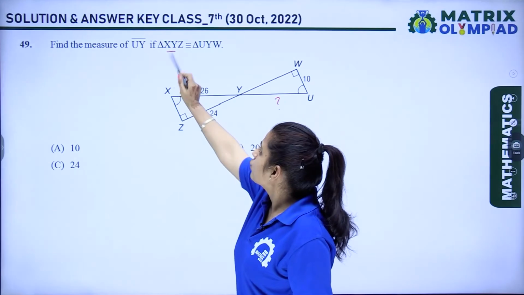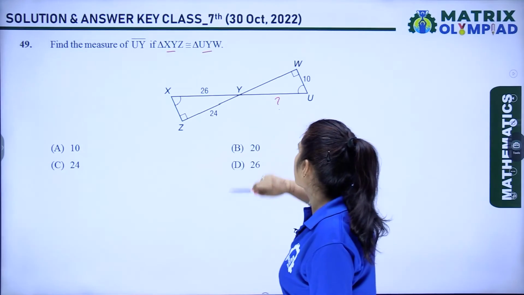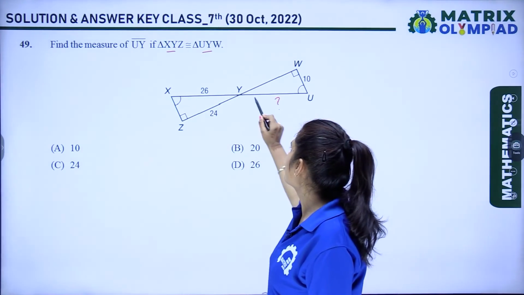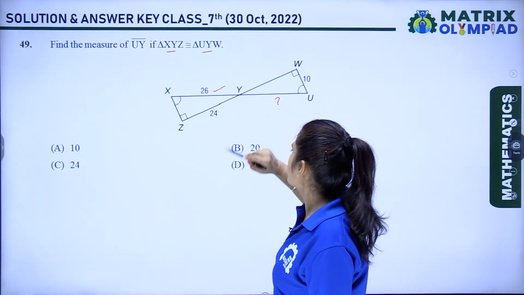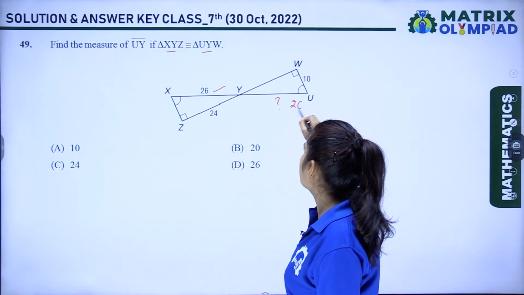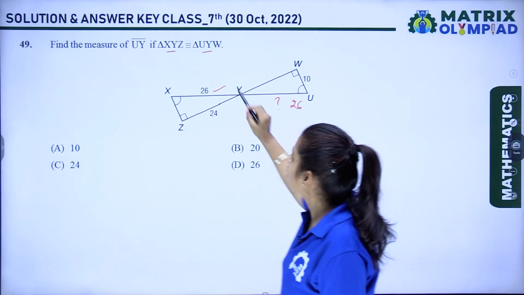So here XY is equal to UY. XY is 26, so UY will also be 26.